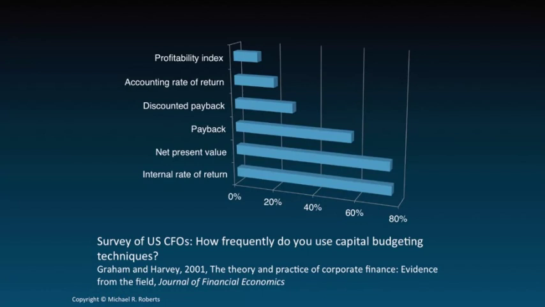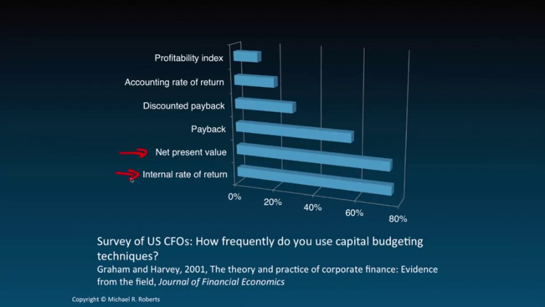And they asked them, how frequently do you use different capital budgeting techniques? And what you can see is that there are actually a variety of responses. I've listed 6 here, but the predominant number of responses point to net present value and internal rate of return as the most popular decision criteria that CFOs use.